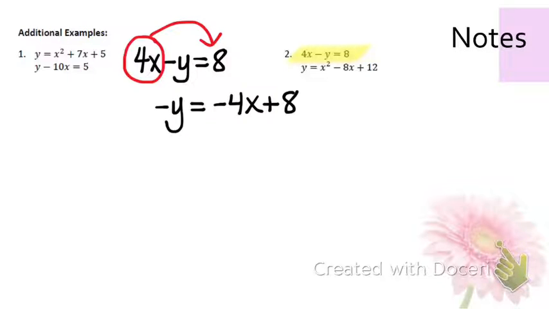And now to solve for the y, we have to get rid of that negative 1. So divide every single term by negative 1. So we get y equals positive 4x minus 8.